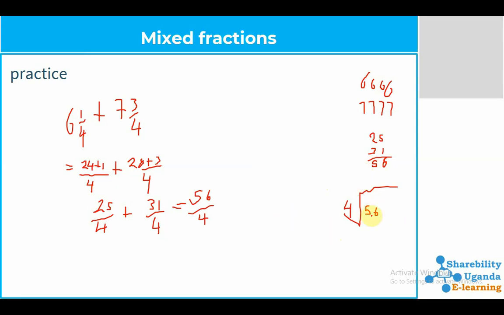Here we're going to try our 13, then you multiply by 4. What is 13 times 4? 13 times 4.